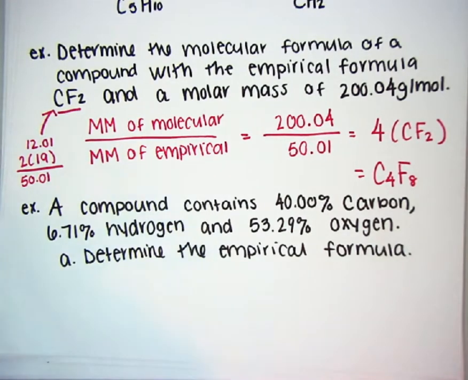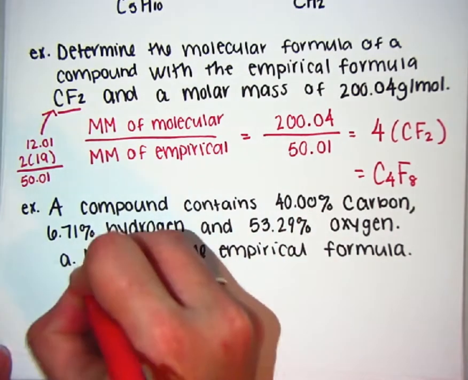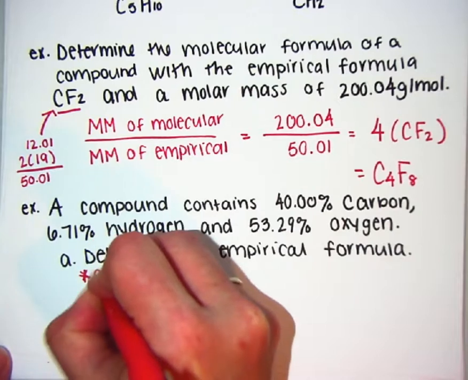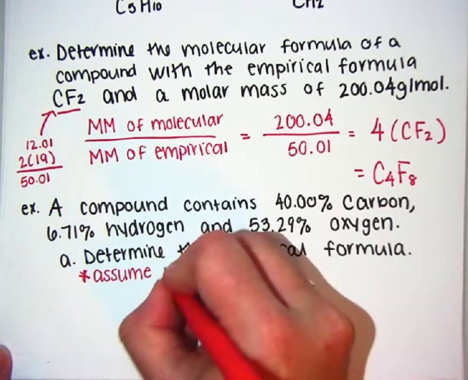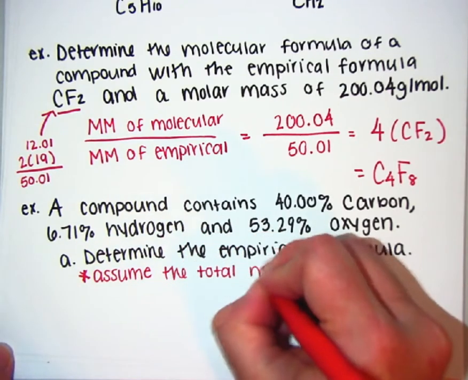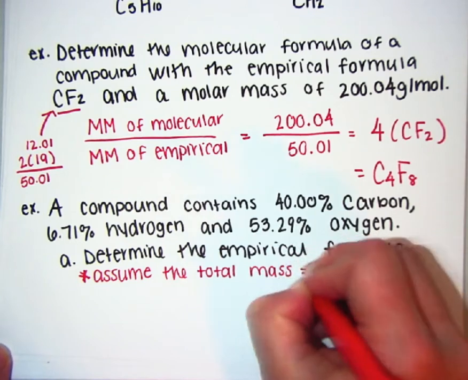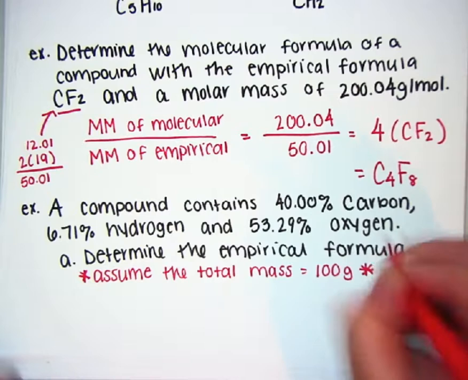Whenever you are given a problem where we are given percent compositions, we are going to make an assumption. We are going to assume that the total mass of the compound is equal to 100 grams.